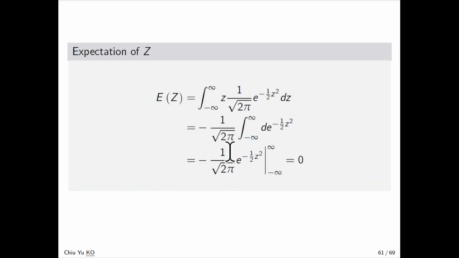Now we want to show the expectation of Z is 0, and its variance is 1. So let's do this. The expected value of Z is z times its probability density function. And you do the substitution method.